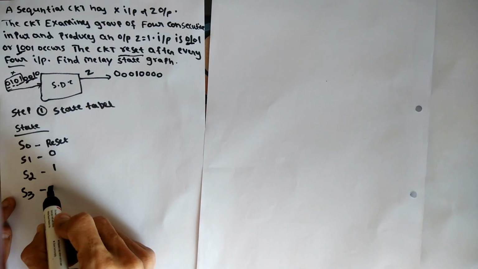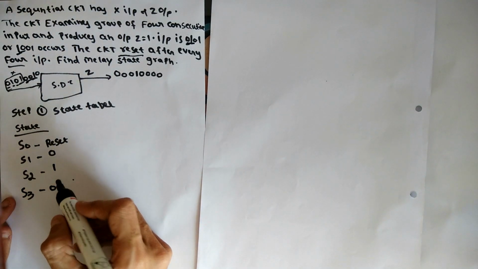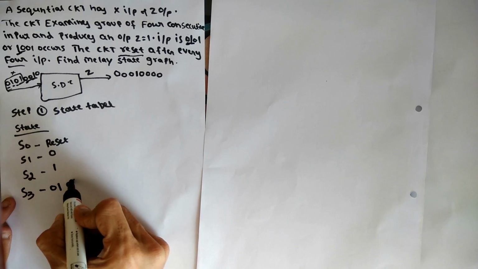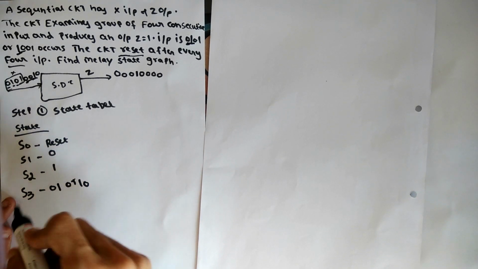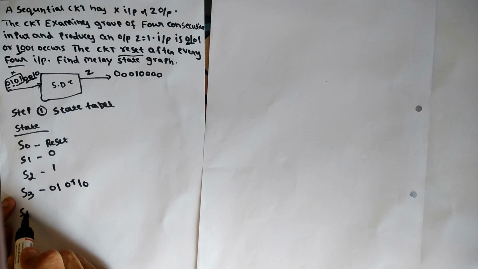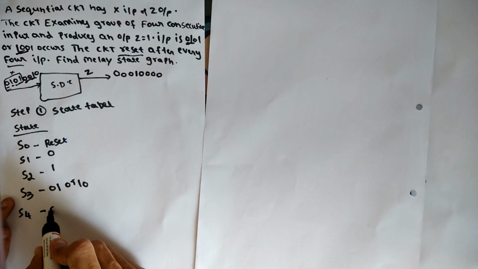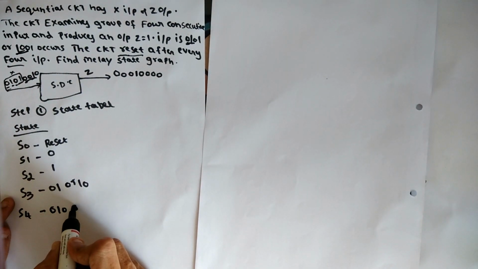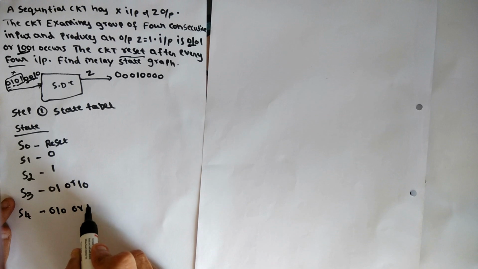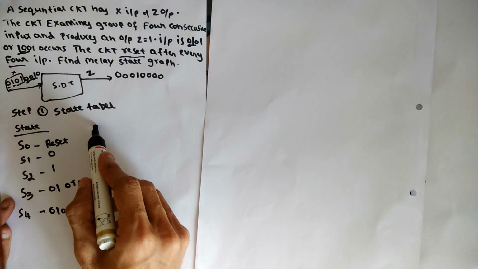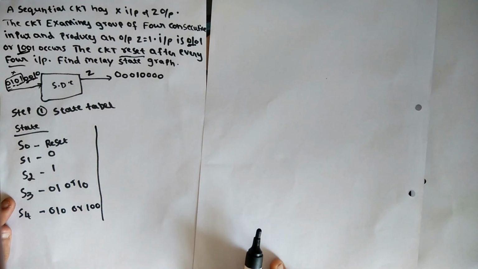So we can write 0 1 or 1 0, both are possible in S3. Similarly for S4, again 2 possibilities, 1 0 0 and 0 1 0. So 0 1 0 or 1 0 0. This is how the state diagram can be written.